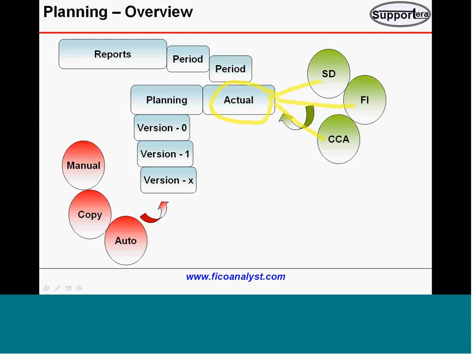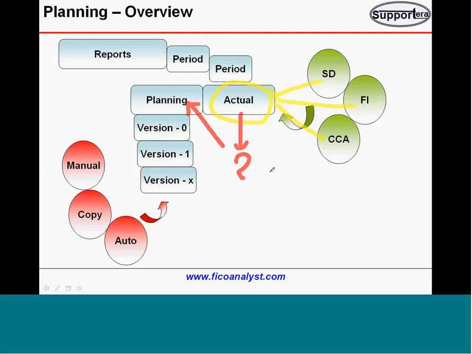The beauty of COPA is that these actuals need to be compared, exactly how you are doing with the actuals vis-a-vis the planning data. So any report that you have, mostly you will be executing actuals as well as planning and the comparison. That's what we are trying to look at here.